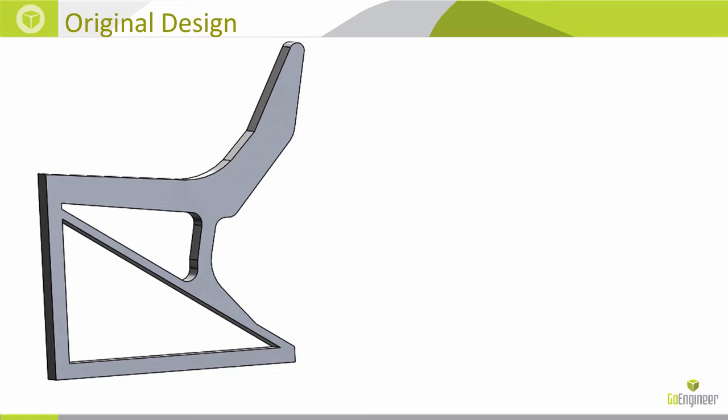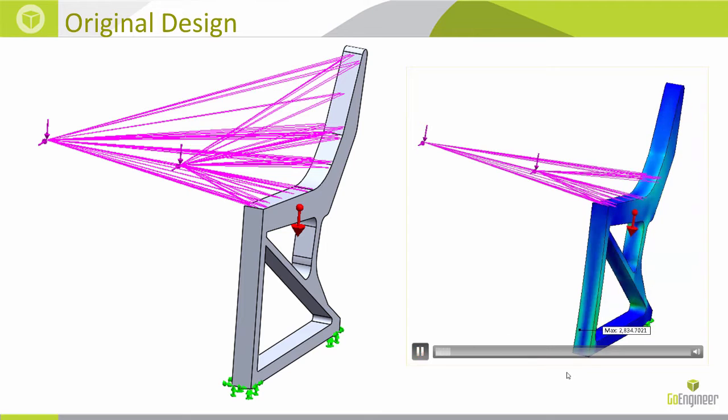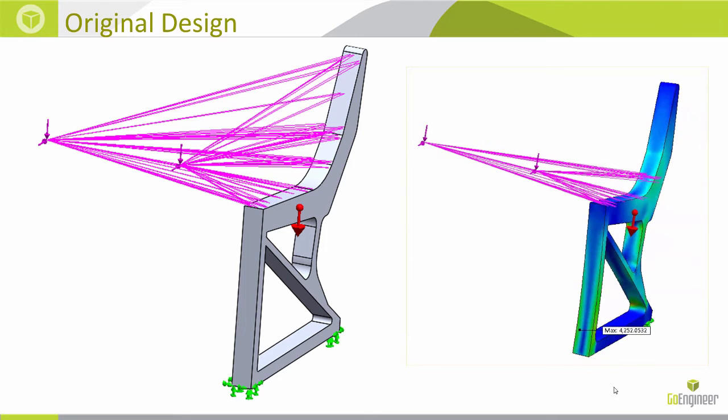So to start off with, here is our original design, and I quickly set this up in SolidWorks simulation. First off, the material is aluminum 6061, and I quickly did an FEA, and in this setup I applied some remote loads and gravity, fixed the bottom, and got some simulation results going.